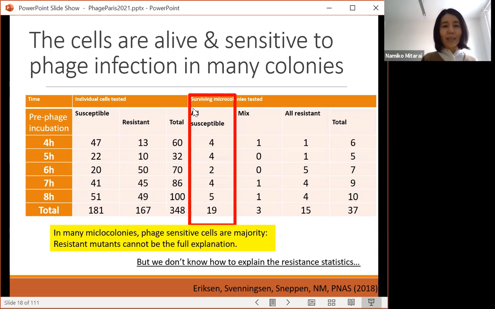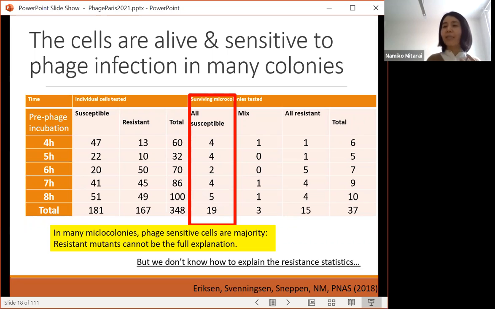And so this is all the statistics we got. Among the 10 colonies we tested for each different surviving timing, these are the numbers of colonies where the 10 cells we tested are all susceptible to the phage.